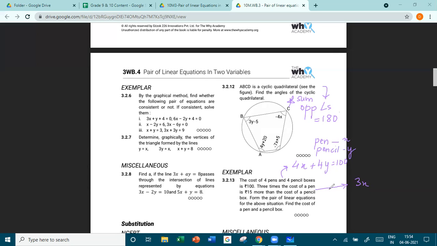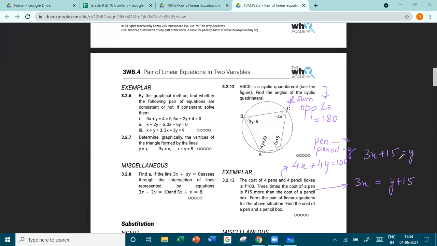So 3 times the cost of a pen, which is 3x, is 15 more than the cost of a pencil box, which means you will add 15 to the pencil box, so it will be y plus 15. This is your second equation. Don't make the mistake of writing 3x plus 15 is equal to y.